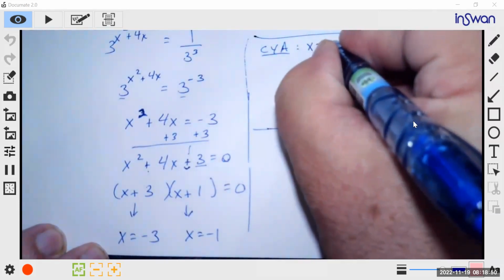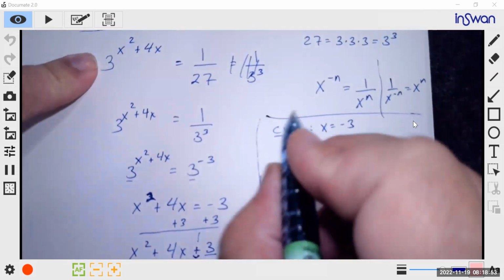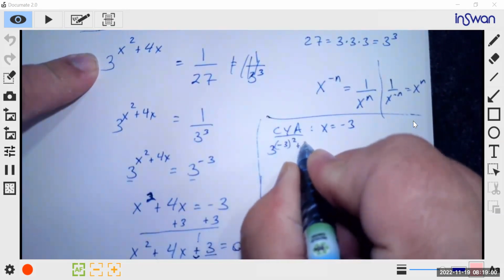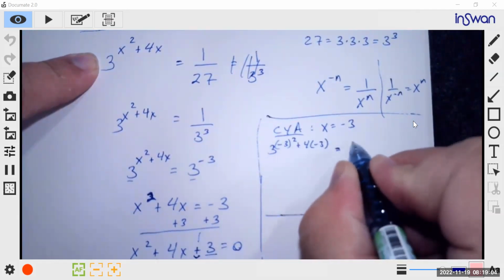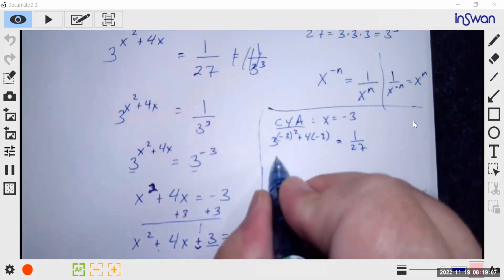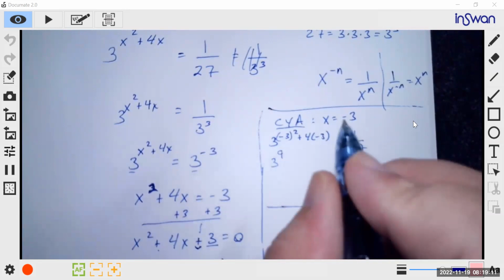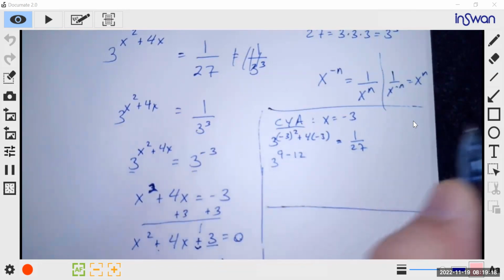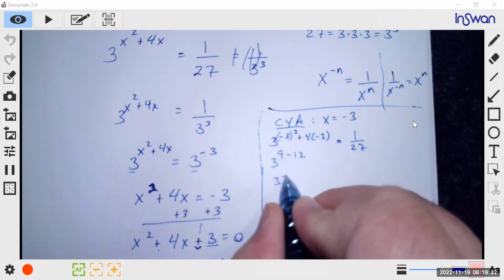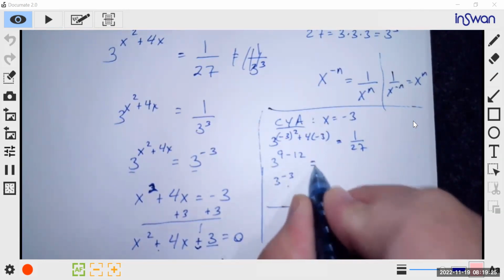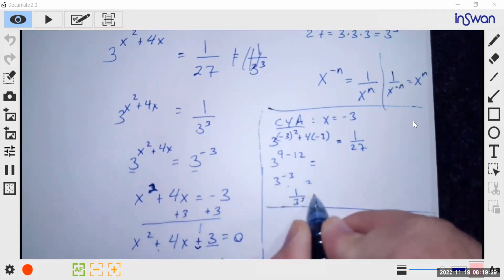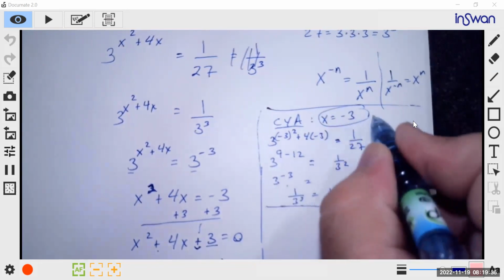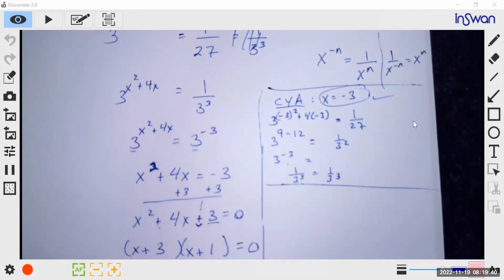So the first one we're going to check is if x equals -3 from the original equation. 3 to the power of -3 squared plus 4 times -3 equals 1 over 27. -3 squared is 9. 4 times a positive negative is negative. 4 times 3 is 12. 9 minus 12 is -3. 3 to the -3 is 1 over 3 to the third, which is what 1/27 is. So x equals -3 works.